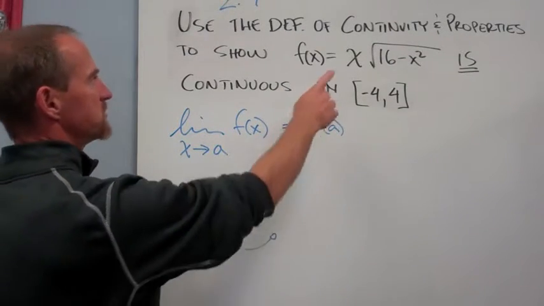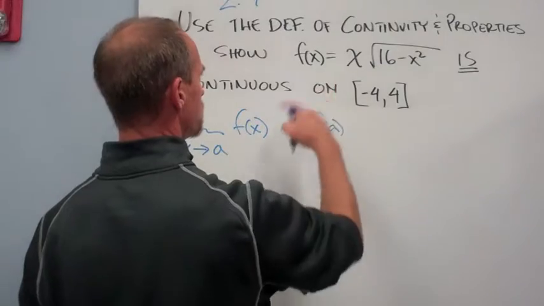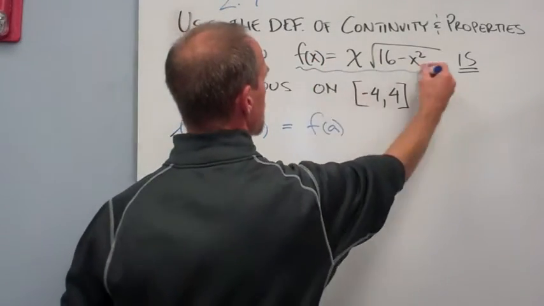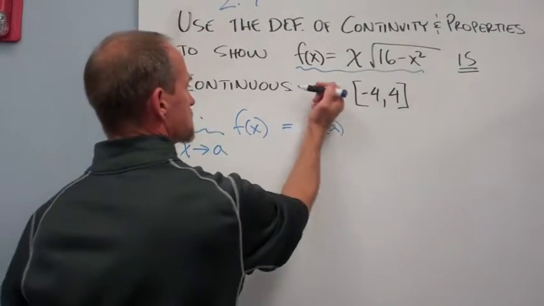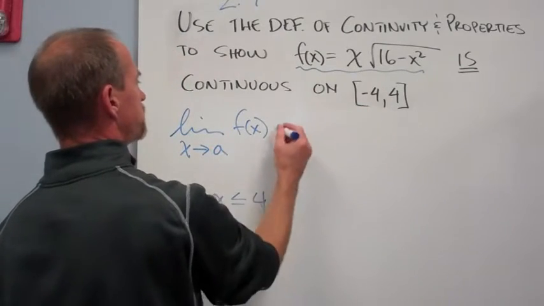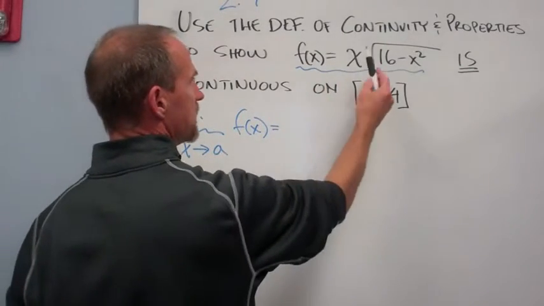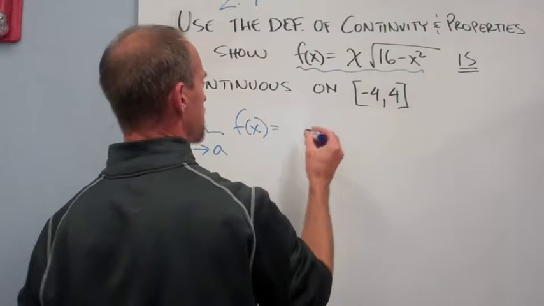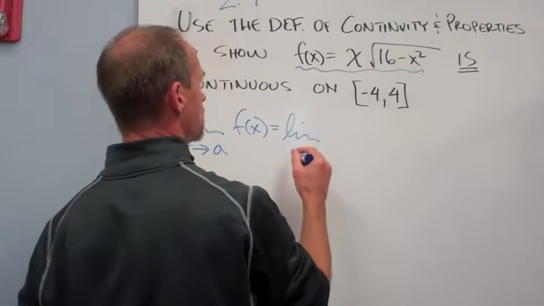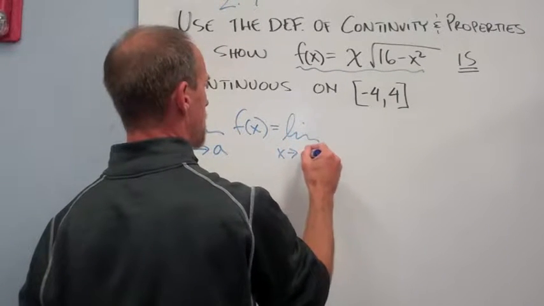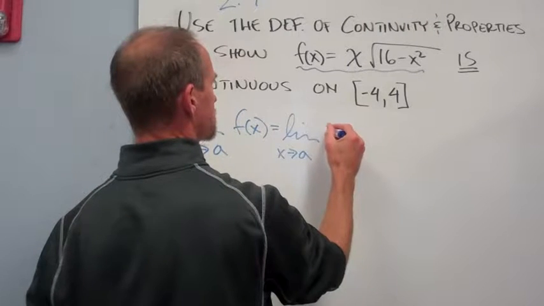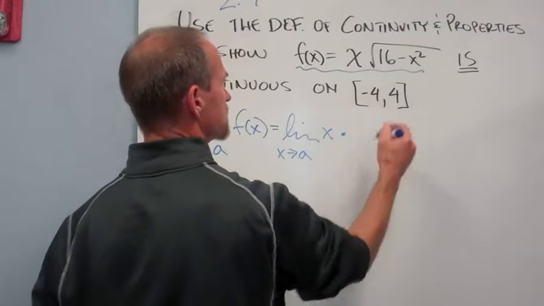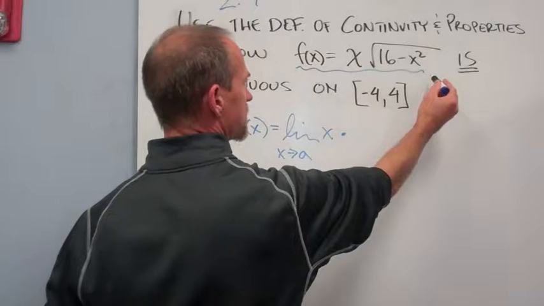So what we do is we take the function and we consider the limit of this function. I'm going to substitute it in here so I have room. And the limit of two things being multiplied is the same as the limit of these things being separate and then multiplied. So that's x times, well, I'm taking the limit of this radical.